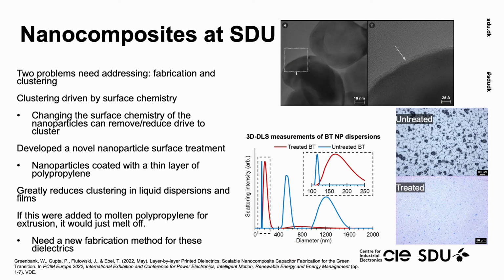SDU has developed a new technique to avoid this clustering effect by embedding the nanoparticles in a chemical environment, which leads under special process conditions to a very homogeneous distribution of the nanoparticles, and that means that the properties are really positively influenced.